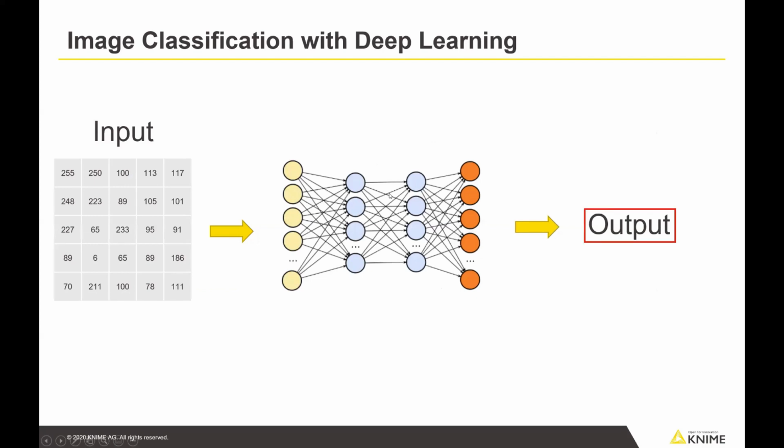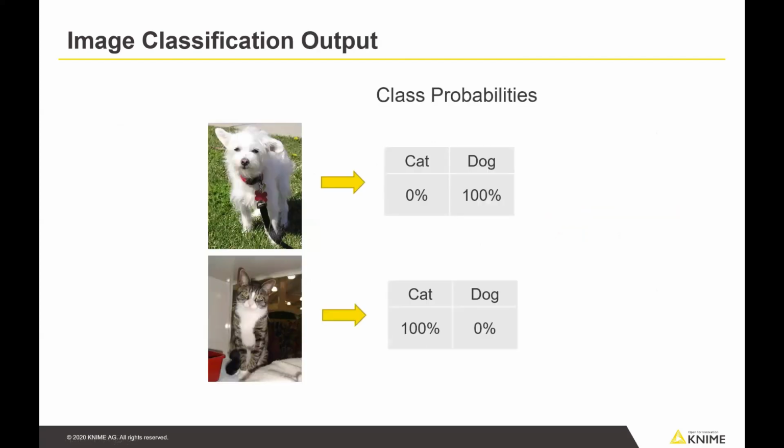Okay, nice. Next, how should the output look like? As Benny already mentioned, for classification, we can model the output as class probabilities, which, for example, looks like this here. So we would have, in this case, a probability vector with the length of 2, with 2 probabilities. And each index of the vector would correspond to the probability of one of the classes.